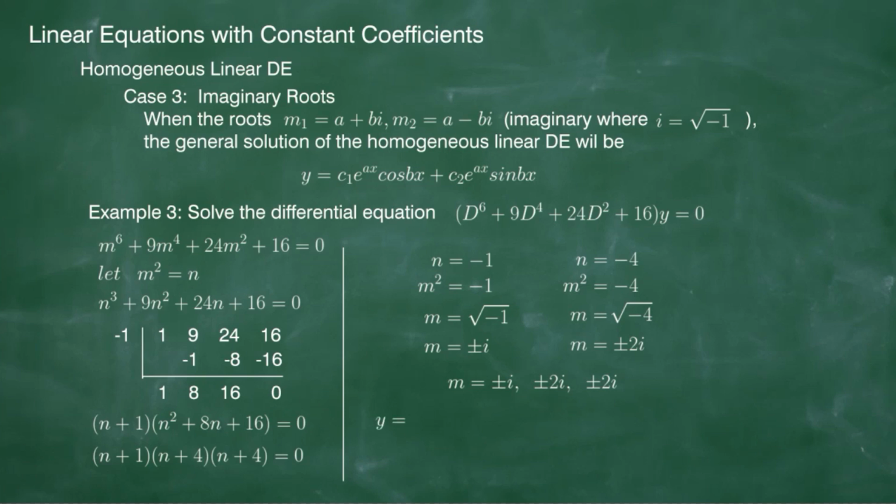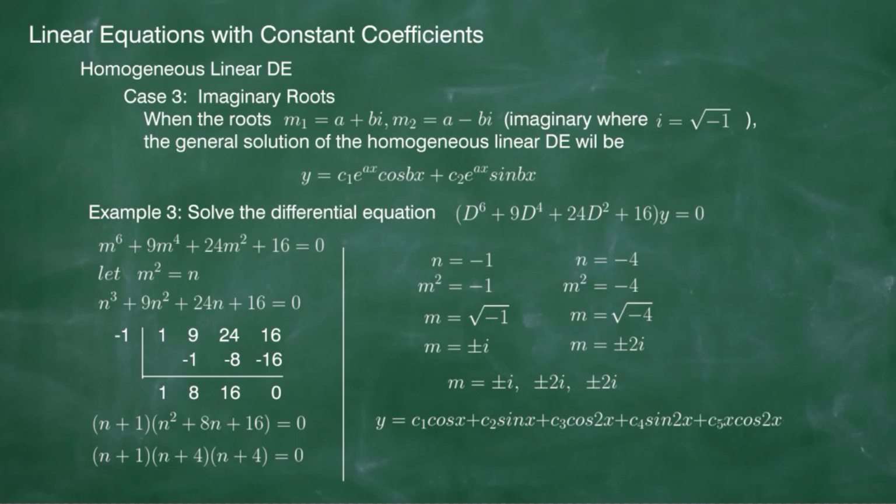And the general solution is y equals c1 times cosine x plus c2 times sine of x plus c3 cosine of 2x plus c4 sine of 2x. That is for the first plus and minus 2i root. And then for the second plus and minus 2i root, we multiply by x.